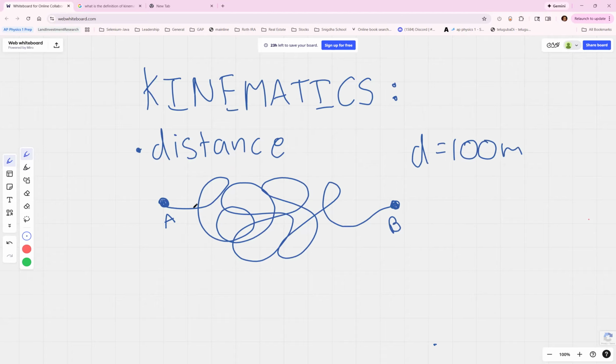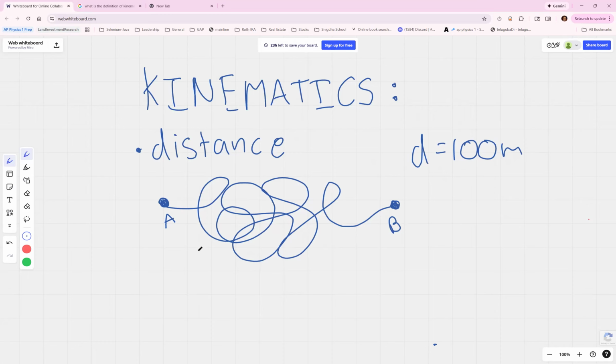That means that while going in all these loops and traveling back and forth, by the time you went to point B, you traveled 100 meters. And in physics, it is really important to remember that usually you should be measuring distance in its SI units, which is the standard units used in most curriculum. And for distance, that would be meters.